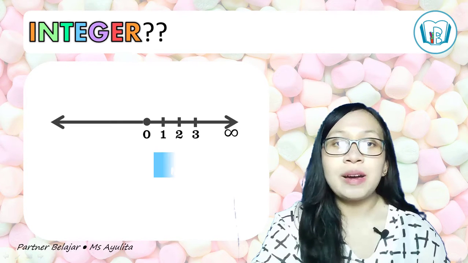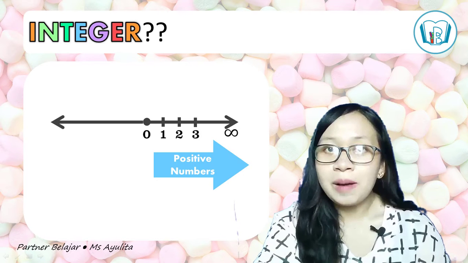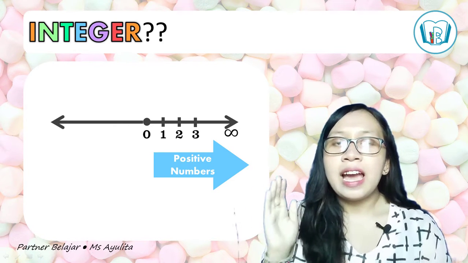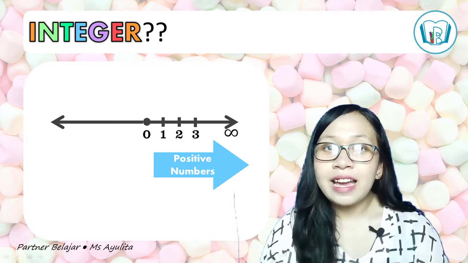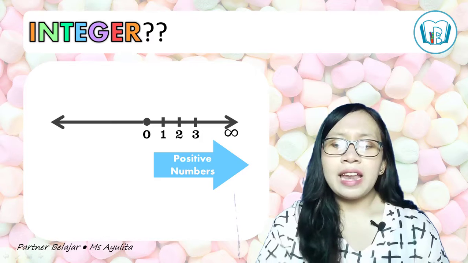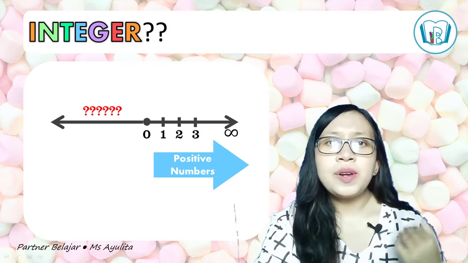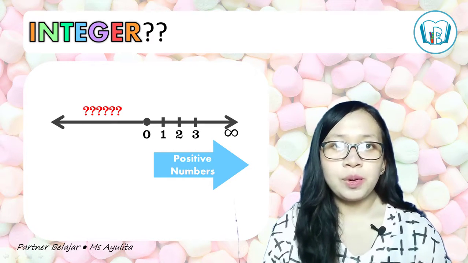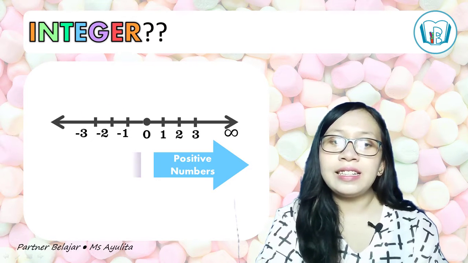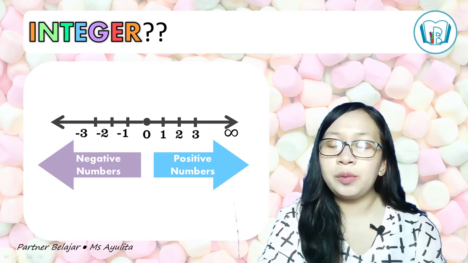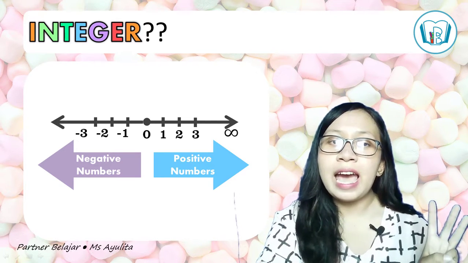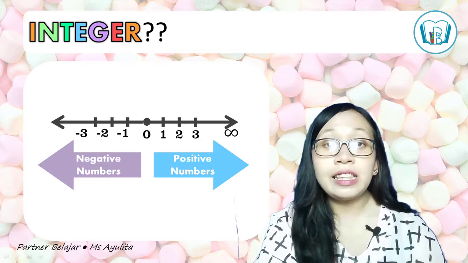We call the number a positive number. So the number on the right side of 0, we call it positive number. And now, what if the number is on the left side of 0? Yep, we call it negative number. It will start from negative 1, negative 2, negative 3, and so on until negative infinity.